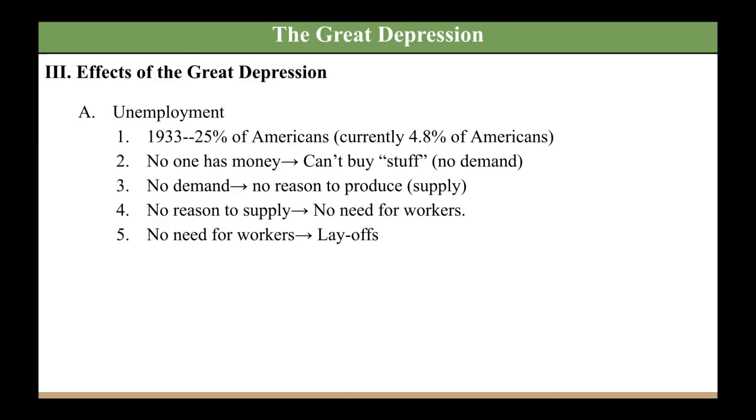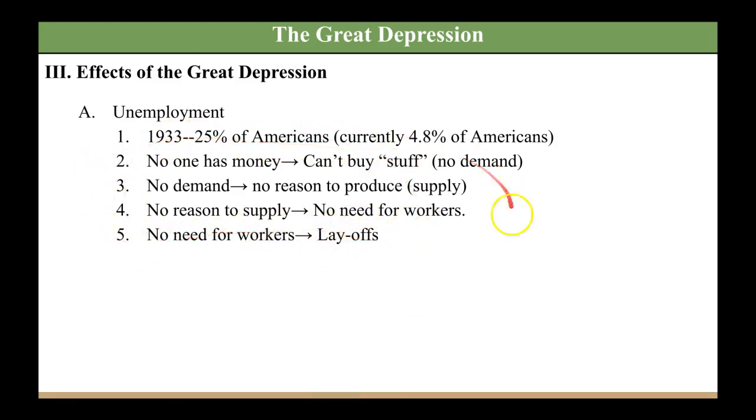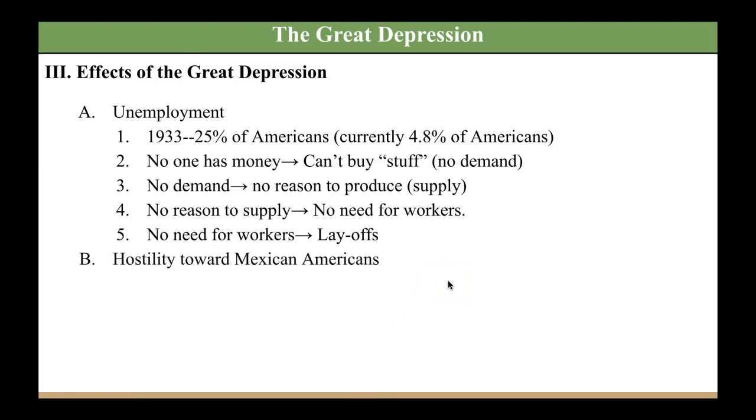And when you have a bunch of layoffs, people are unemployed, they're not going to be able to go buy stuff. So it's this vicious cycle of no money to buy things, nobody can produce anything. It's this big vicious cycle in the economic situation in the United States. Now, one thing that it leads to is going to be significant hostility towards Mexican Americans.